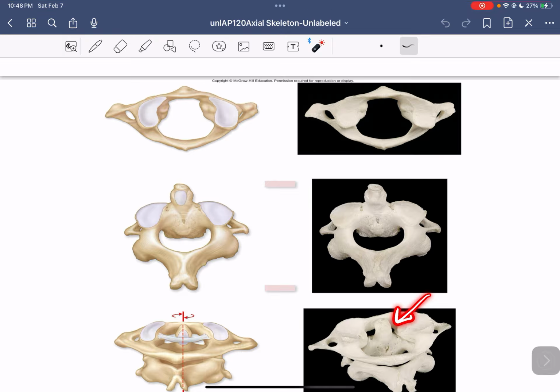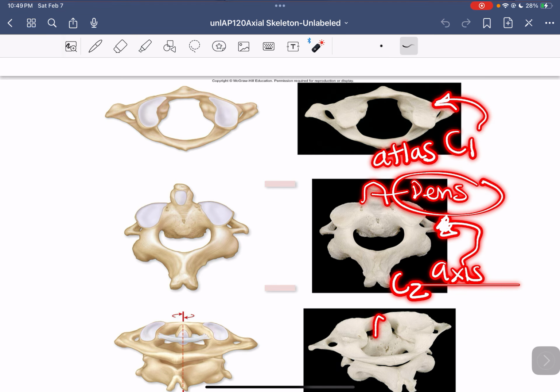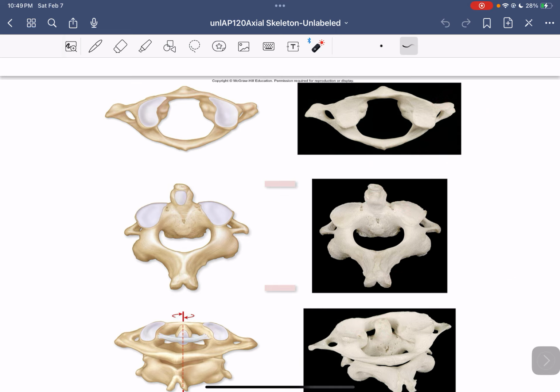So down here, right? So again, C1 is called atlas. C2 is called axis. So this would be C1, and then this is C2. And for axis, you do need to know what this bump is. This is the dens. Okay, so this is the thing that actually sticks up into C1, which allows you to kind of rotate your neck.